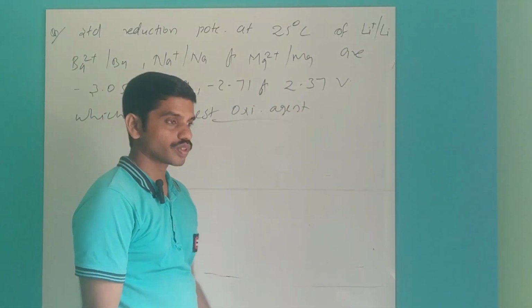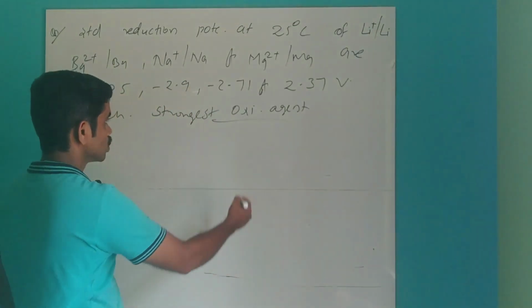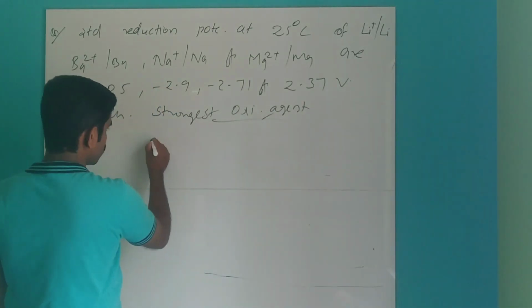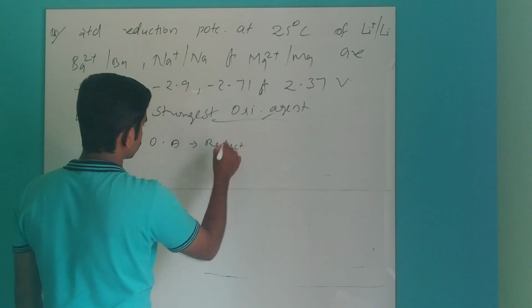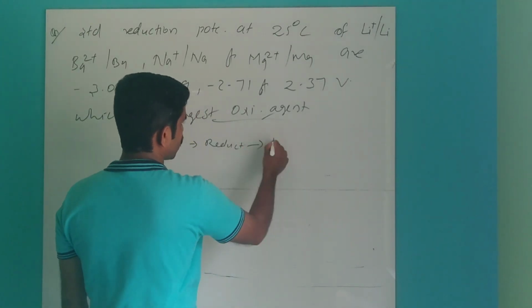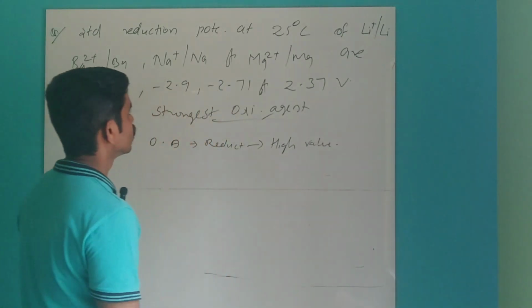A similar type of question. Which is the strongest oxidizing agent? The strongest oxidizing agent is the one undergoing reduction, so the one with the highest value will undergo reduction easily.